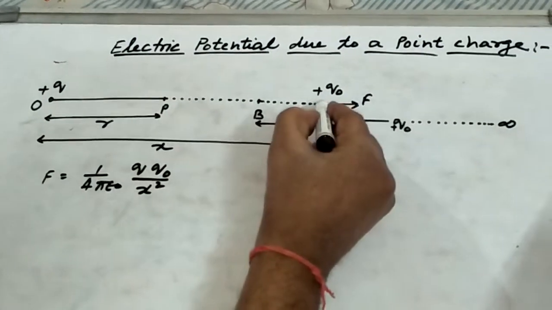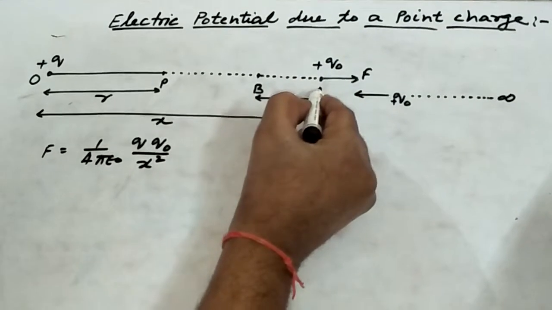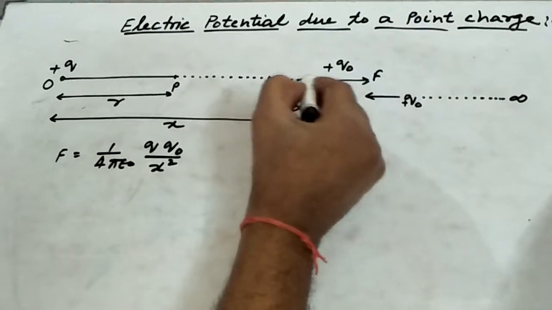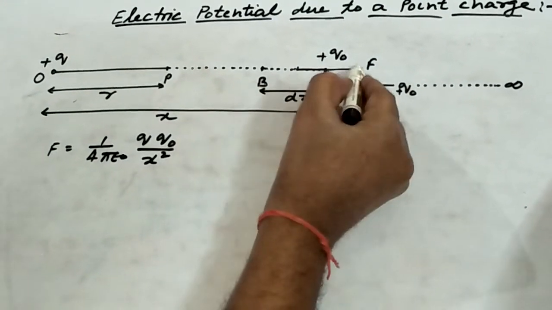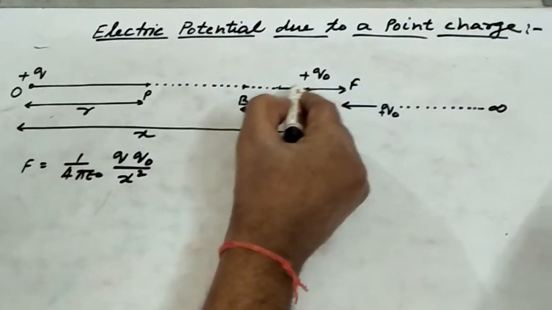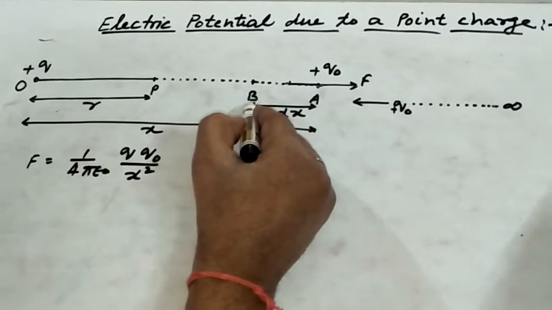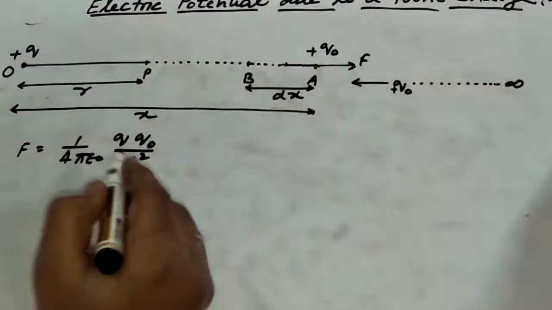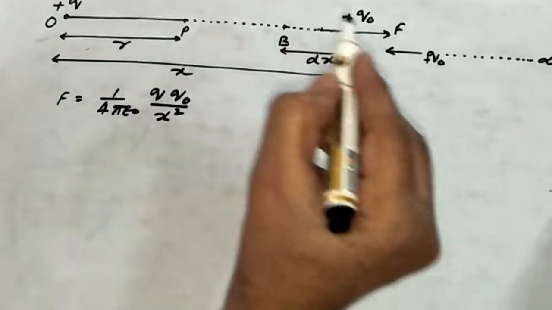Now, when this test charge is displaced from A to B, meaning the displacement is taking place along this direction against this force, we will do work. Since this displacement is small, the work done will also be small. All of you know work done is equal to F d cos θ.